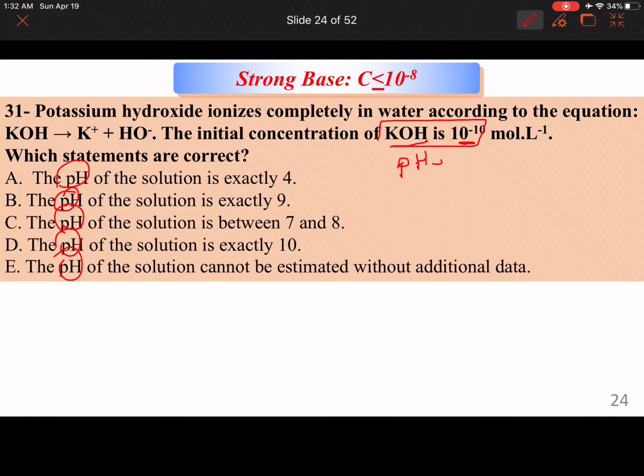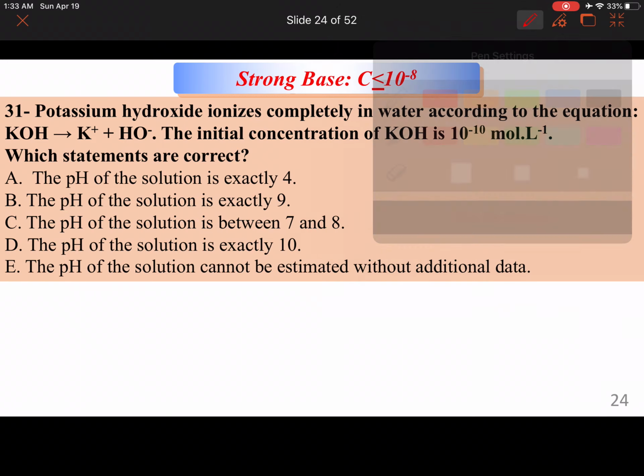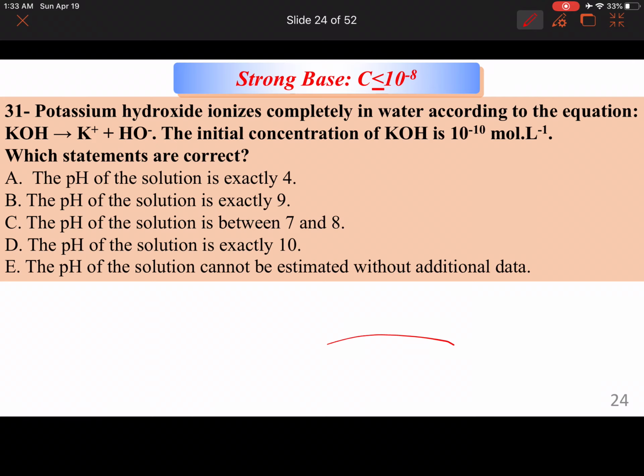The pH is, I memorized this, 14 plus log of the C, watch out for this, plus log C. And when you do that, log of 10 to the minus 10 is minus 10. And 14 minus 10 is 4, so that's a bit weird. Okay, so there's something wrong here.